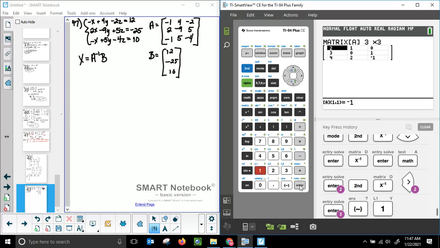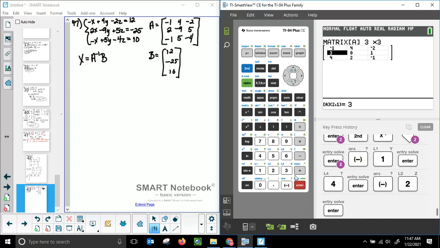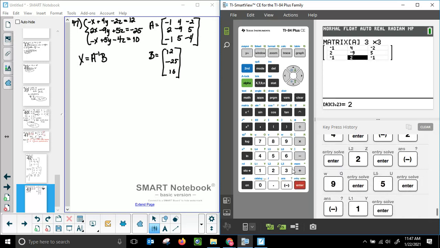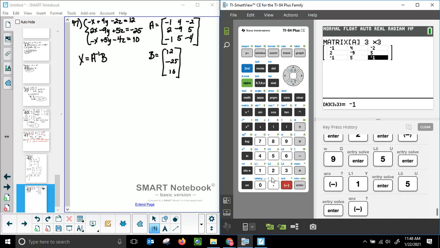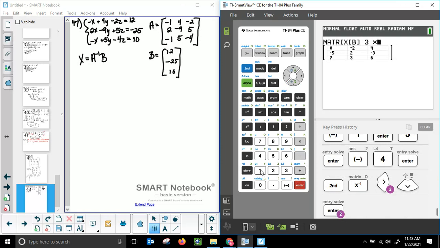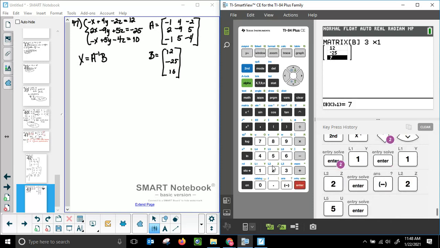And I've got negative 1, 4, negative 2, 2, negative 9, 5, negative 1, 5, negative 4. Then we go back to our matrix menu. We're editing matrix B. This is a 3 by 1 matrix, and it is 12, negative 25, and 10.